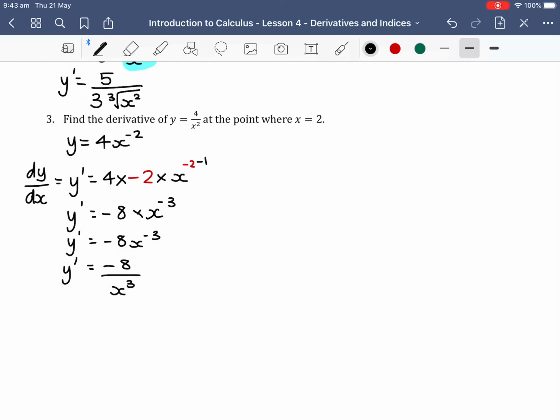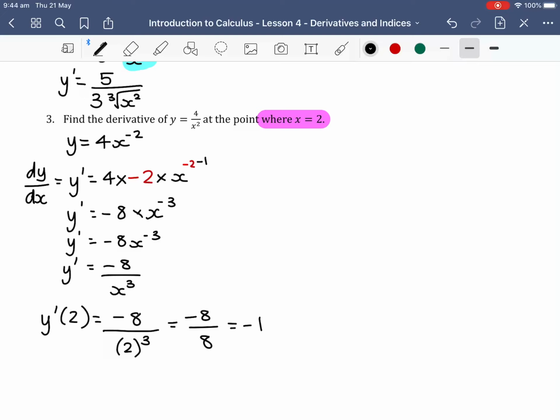Then we want to sub in, because we haven't finished the question yet. We want to find the derivative at the point where x equals 2. So we need to substitute 2 into our derivative function. So y dash of 2 equals -8 over 2 cubed, which equals -8 over 8, which equals -1.